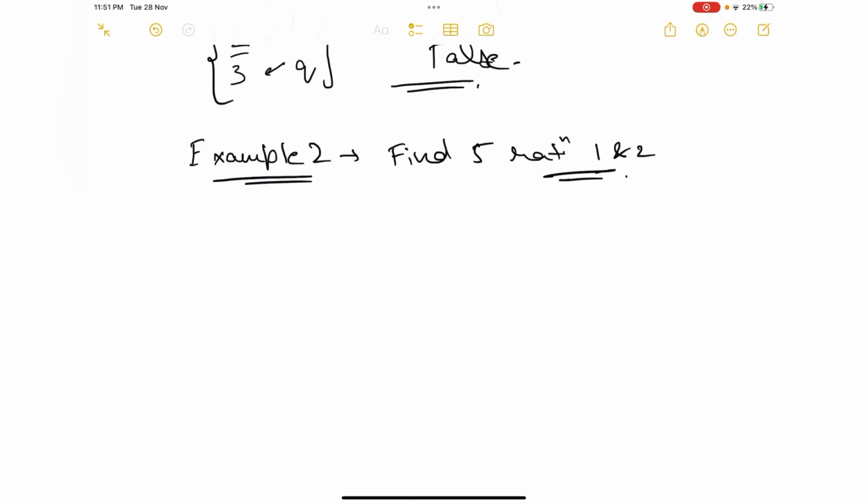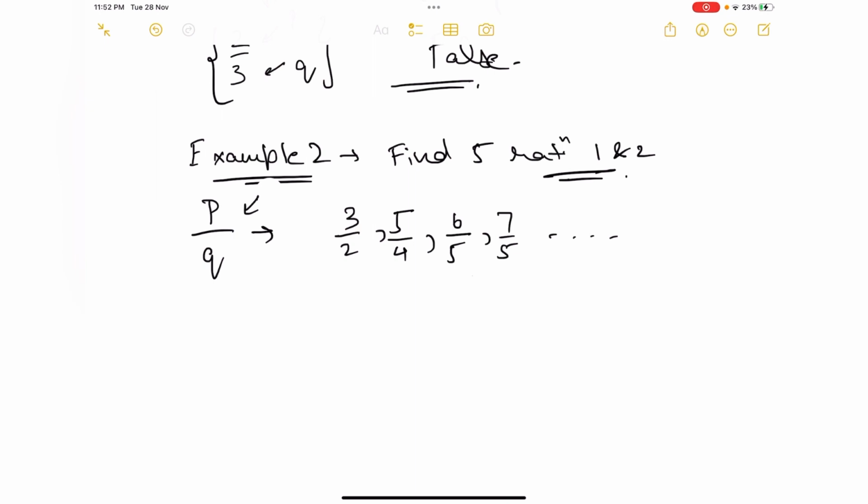What are rational numbers? Rational numbers are any numbers that can be represented in the form p by q. So you can take 3 by 2, 5 by 4, 6 by 5, 7 by 5 and so on, right? All these numbers lie between 1 and 2. So you can take it up that way.